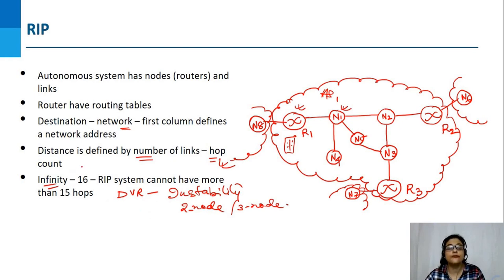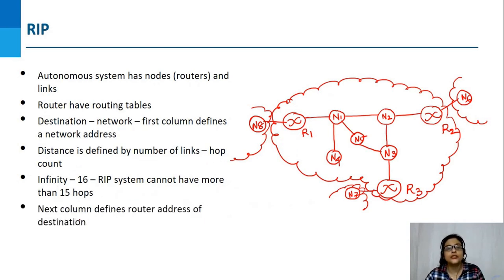So infinity is defined here as 16. So this RIP system cannot have more than 15 hops. After 15 hops, if the system does not become stable, then it goes to infinity. The next column of the routing table defines the router address of the destination.